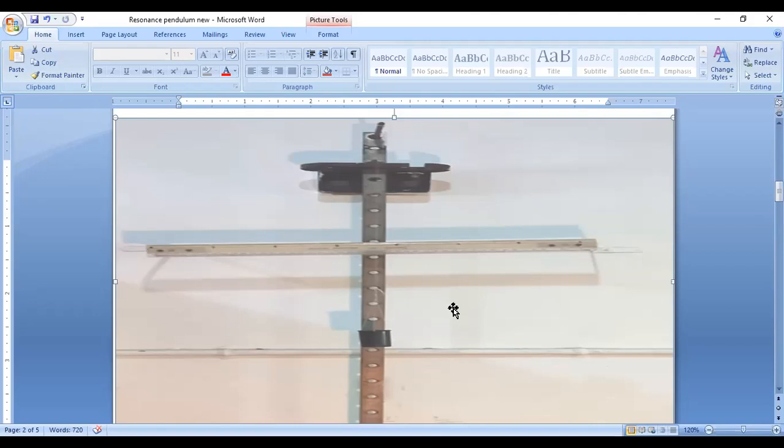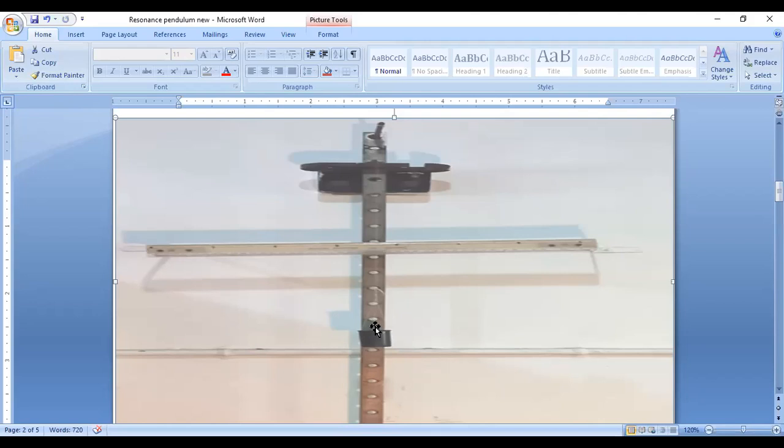Please note down. You fix that length, and now this is the pan. In this pan you can put different masses. You have kept the length of the pendulum constant. It is L, not L0, where L is less than L0. And you keep a different mass.